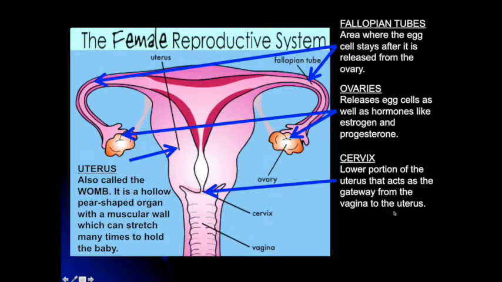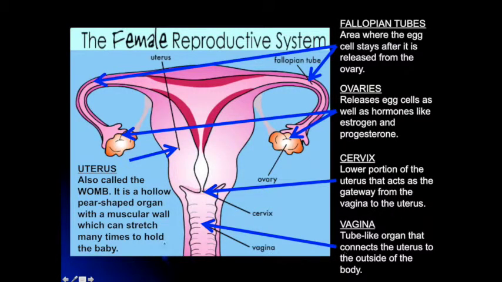So that is the cervix. It's the lower part of the uterus. It's like a gate or a doorway into the uterus. And lastly, number five, we have the vagina, which connects the uterus to the outside of the female's body.